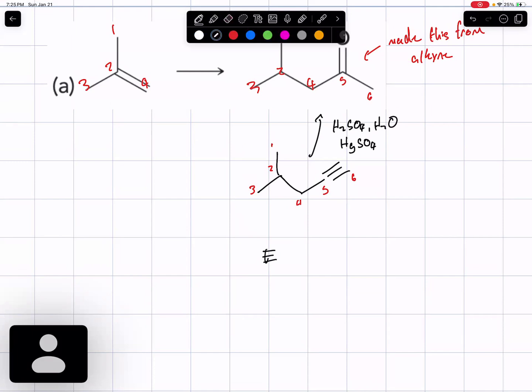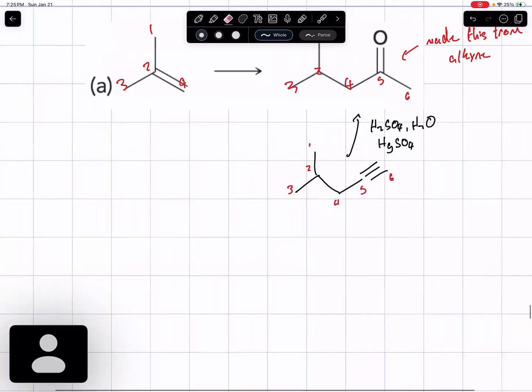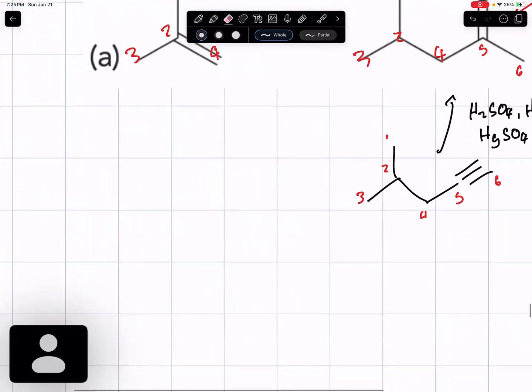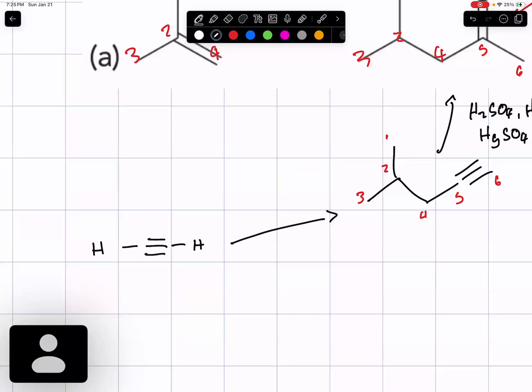Let me see if I can make this a little bit clearer. So let's say I had this alkyne, and I wanted to make this, right? I'm adding something to this side. What would I need to do first?